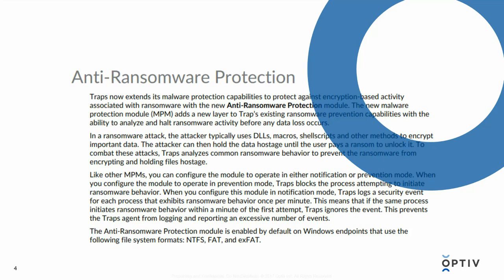The attacker will then hold that data hostage until the user pays a ransom to unlock it. That's typically how ransomware works. So Traps will now analyze common ransomware behavior to prevent the ransomware from encrypting and holding files hostage. This anti-ransomware protection module is enabled by default on Windows endpoints that use the file systems NTFS, FAT, and exFAT.